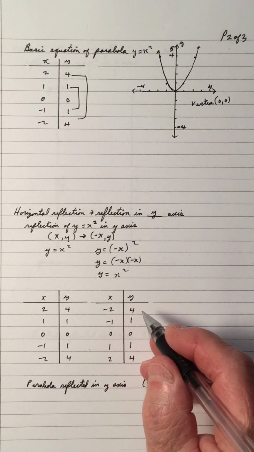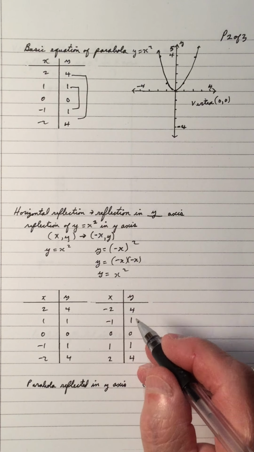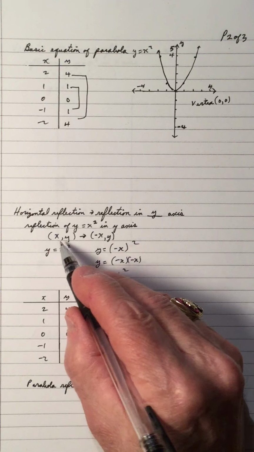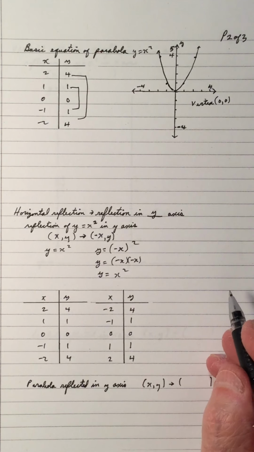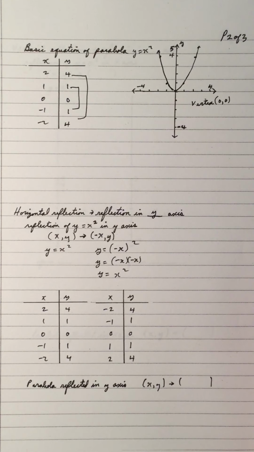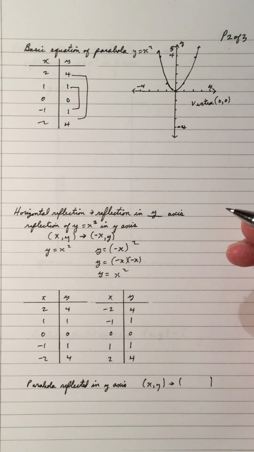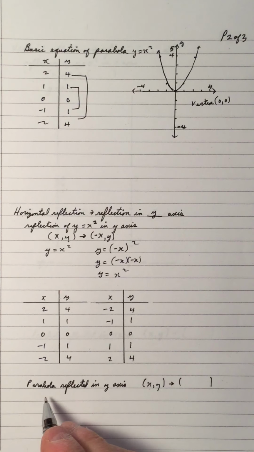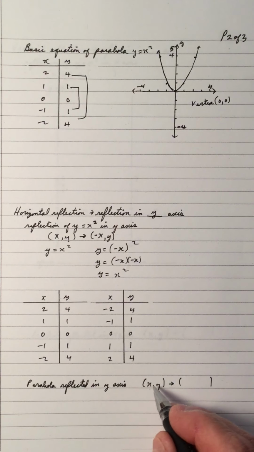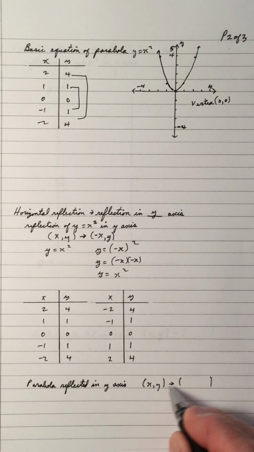So when we reflect a parabola in the y-axis by changing the x to a negative x in the mapping rule, there's no change in the graph. So really, yes, we can do a reflection, but we don't notice any change. The mapping rule is x is changed to a negative x and the y doesn't change.